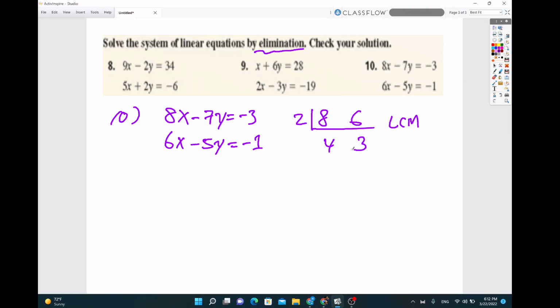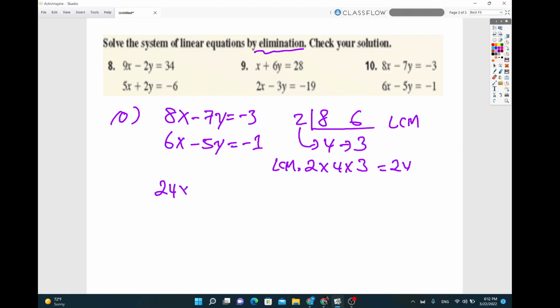So 4 and 3 have nothing in common. For the staircase method, we just multiply them all together. So 2 times 4 times 3 is the least common multiple of 8 and 6. So we got 8 times 3, which is 24.